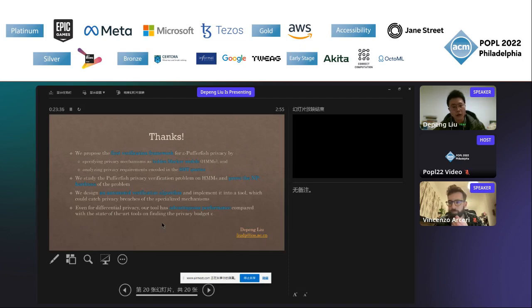We designed an automated verification algorithm and implemented it into a tool, which could catch privacy breaches of the specialized mechanisms. Even for differential privacy, our tool has advantageous performance compared with the state-of-the-art statistical testing tools on finding the privacy budget epsilon. That's my presentation.